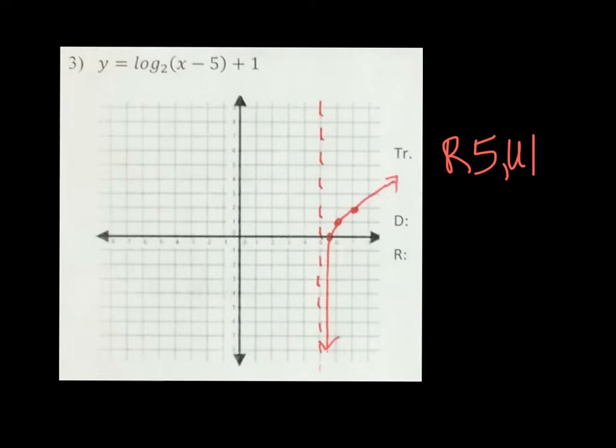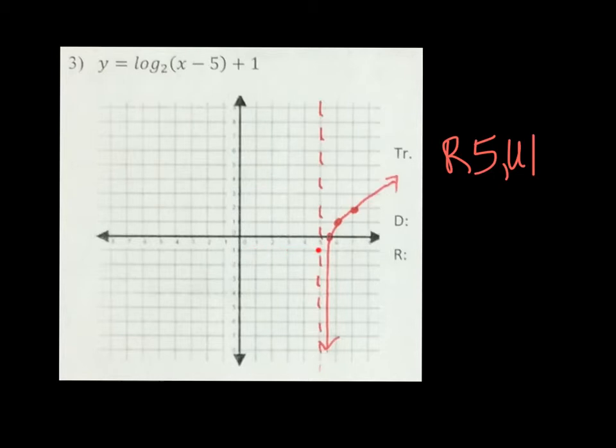Again, I moved my vertical asymptote. This time I moved it to the right 5 units. So my new asymptote is x equals 5. And each one of my points, I moved right 5 units and up 1. So 1/2, -1 used to be right here.